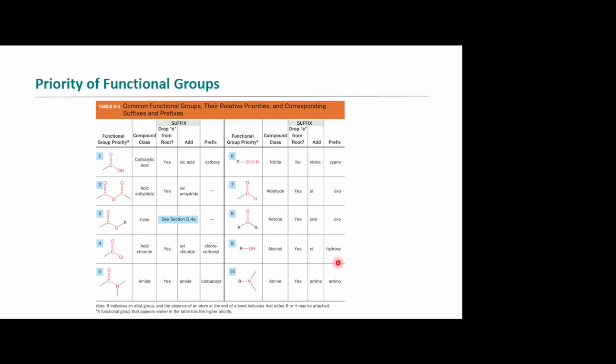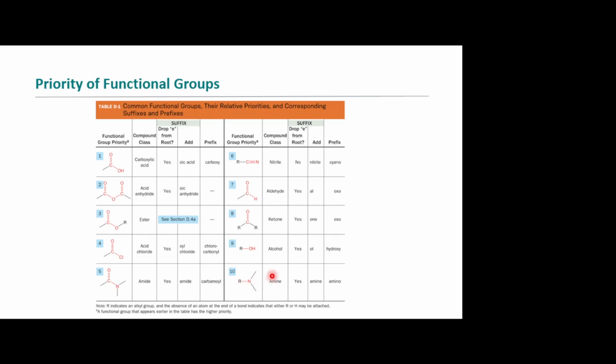Okay. This is your alcohol, by the way. Notice it's very low in terms of the priority here. That's why you kept getting things that were taking priority over it. This is ending with OL, and if you have to use it as a prefix, this is going to be a hydroxy. Again, these are the functional groups. Okay. This one right here is the amine.